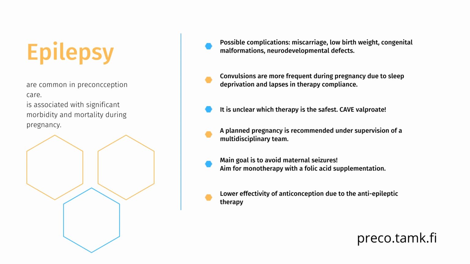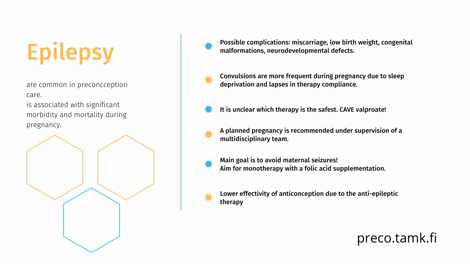A planned pregnancy is recommended under supervision of a multidisciplinary team, including a neurologist. The target during preconception is to avoid maternal seizures. The neurologist should aim for monotherapy in combination with a lower medication dose.